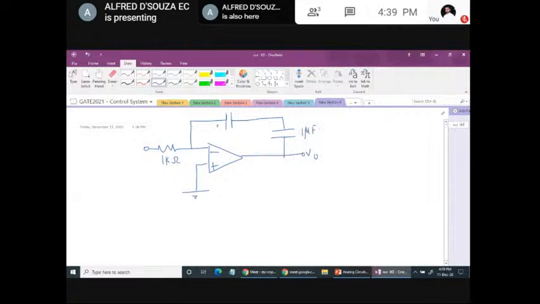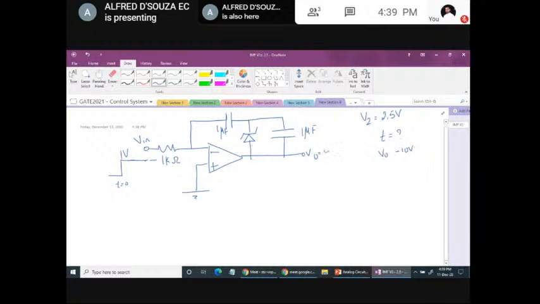Capacitors are 1 microfarad each. Then we have a Zener diode whose breakdown voltage, Zener voltage, is 2.5 volt. And an input of step is applied at time t equal to 0. 1 volt is applied, it is held constant. This is the input. So the question is, at what time t does V naught cross minus 10 volt?